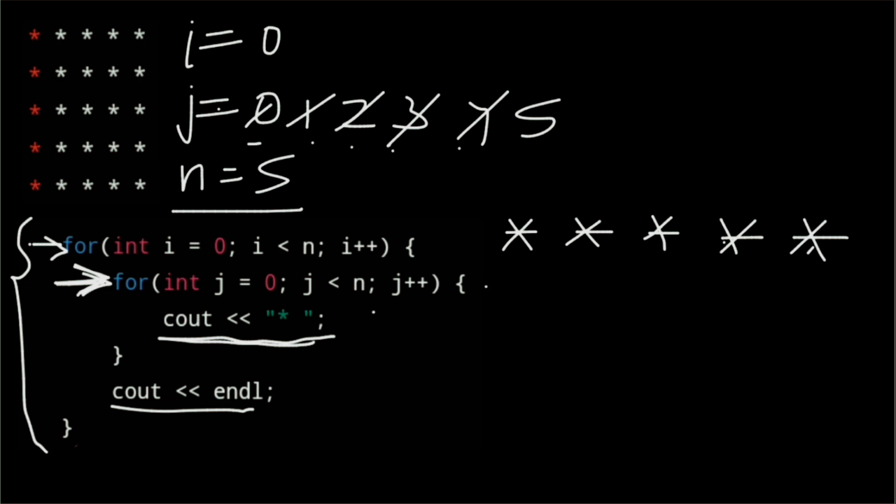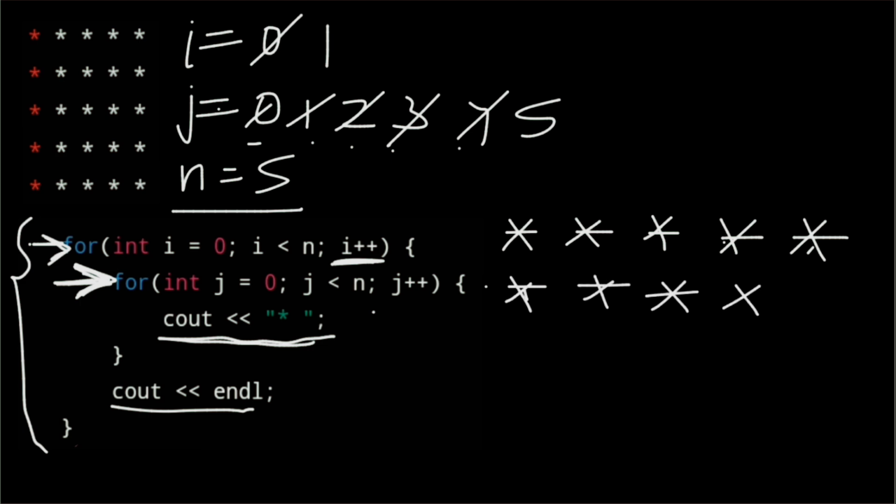And after this the compiler goes again to the outer loop. Before, in the iteration, i is equal to 0, and after this increment operator i becomes 1, and the same iterations begin again, and we have again 5 stars with a space.